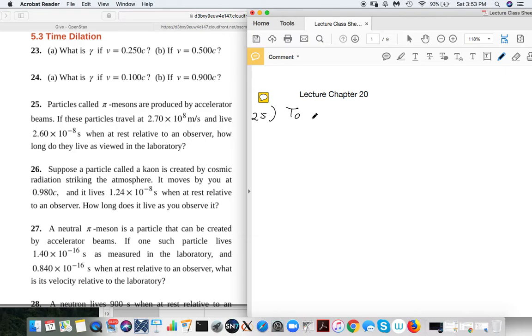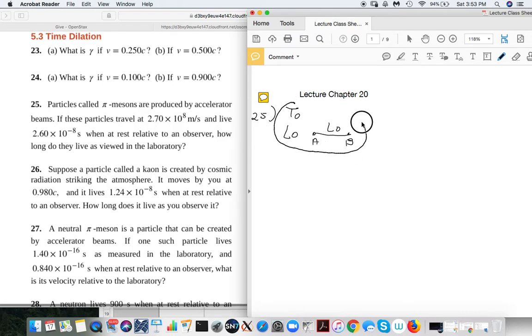You also have to remember the definition of proper length. Proper length is a length measured by an observer that is at rest with respect to the two points where this length is being measured. Sometimes you're going to see proper time and proper length in different rest frames, so be careful there.